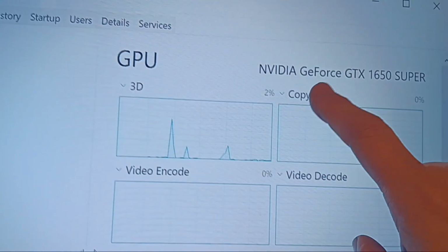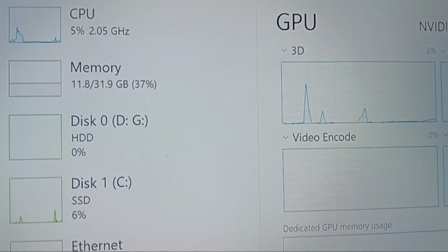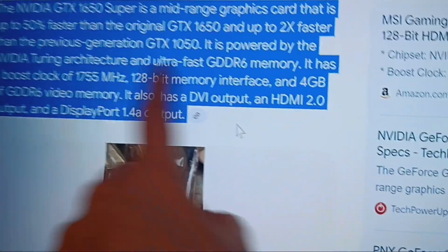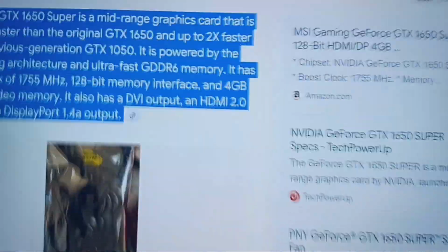NVIDIA GeForce GTX 1650 Super, according to Google, and right here, Google says that it is a mid-range graphics card. It has 4 gigs of video memory.